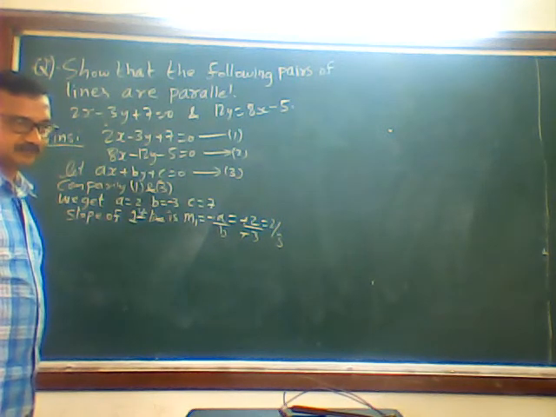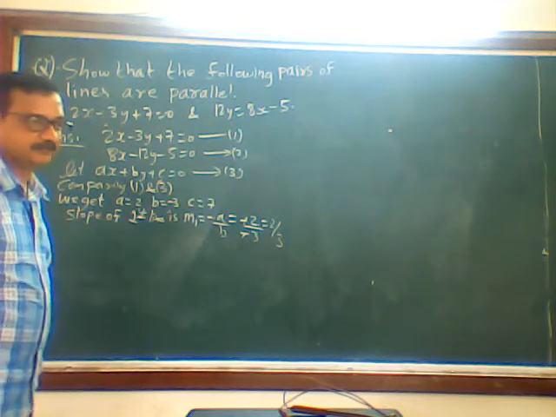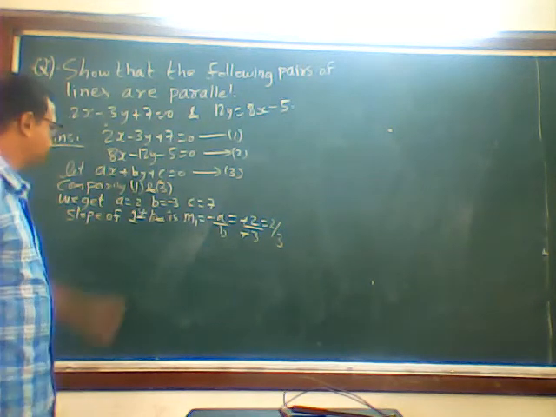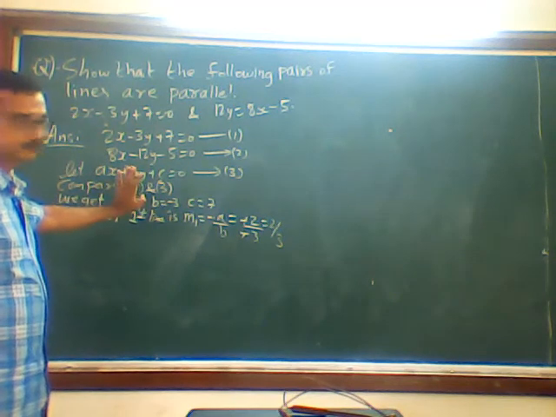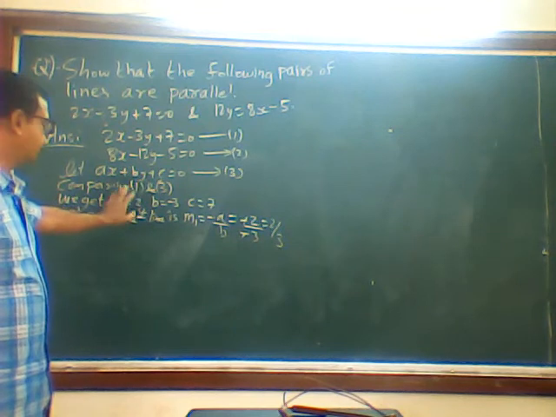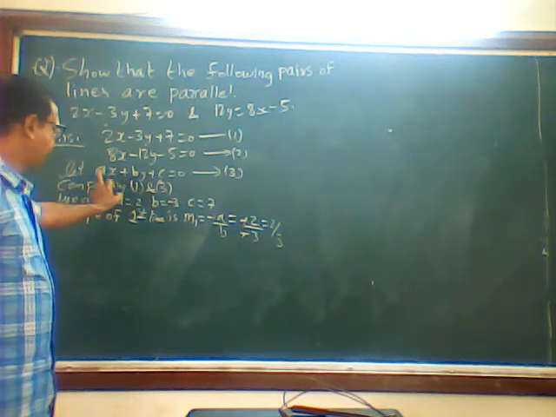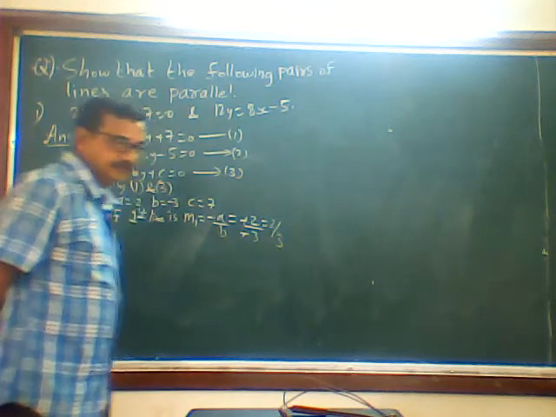That was the second formula for the slope. Then the third formula, last class I have given you the general equation of the straight line, ax plus by plus c is equal to 0. Got it? This is a general line. For this, the slope is minus a upon b. Got it? That is what I got, 2 upon 3.